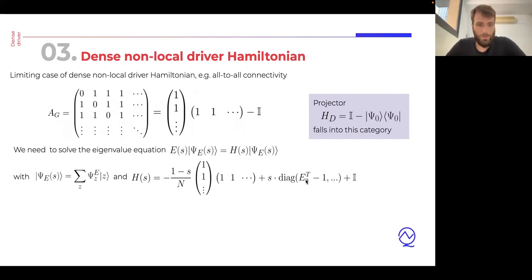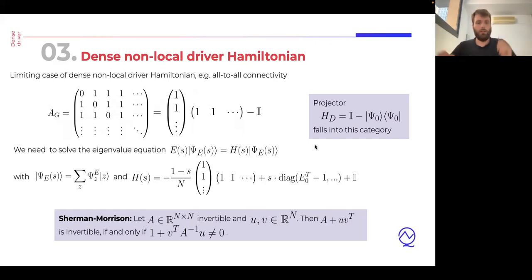And for Hamiltonians like this, or more generally speaking, for matrices like this, there's the so-called Sherman-Morrison formula, which tells us something about their invertibility. Namely, let's say here this is A plus U V transpose. That's the matrix or the operator that we care about. U and V are vectors, and A is some invertible matrix.